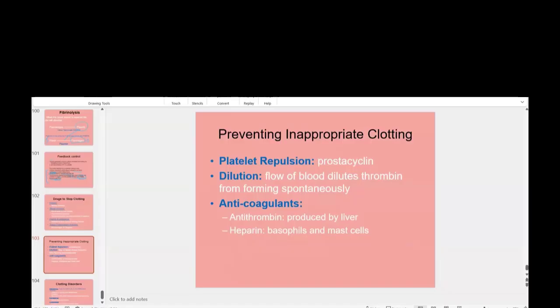Preventing the inappropriate clotting. Sometimes there is platelet repulsion, and that is done by prostacyclin. We already discussed prostacyclin. It does not allow the aggregation of the clotting. And then dilution: the flow of blood dilutes thrombin, preventing it from forming spontaneously and suddenly. And we have heparin also, that is an anticoagulant, and antithrombin that is produced by the liver.